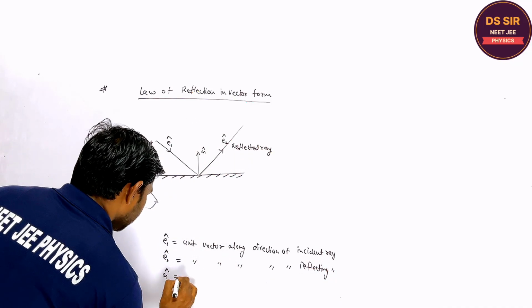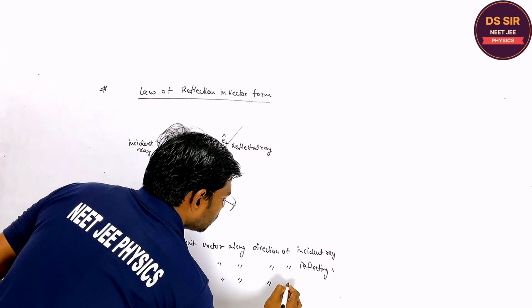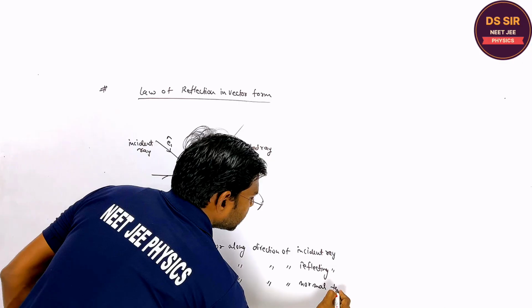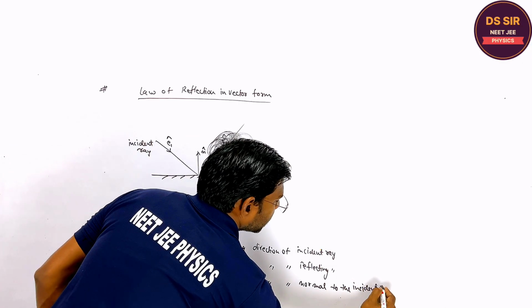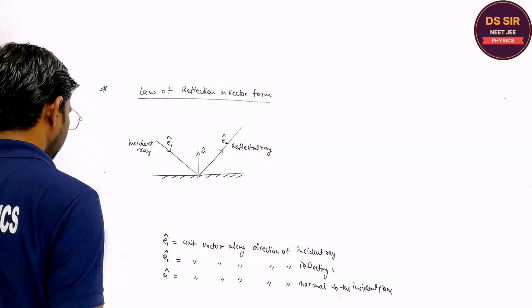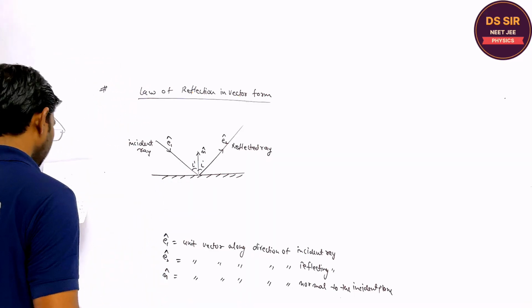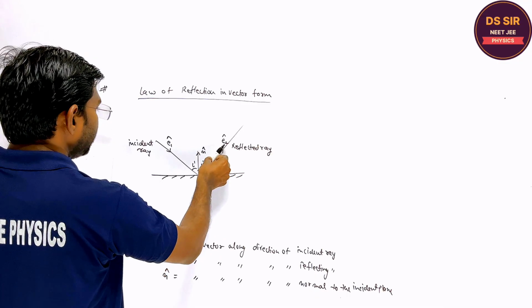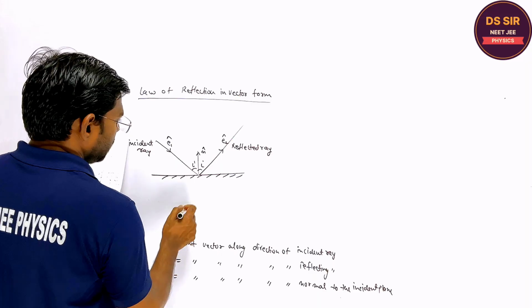And N is the unit vector along the direction of the normal to the incident plane. Is it clear or not, you tell? If the angle of incidence is I, this angle must be equal to I. So we have to find this E2 vector. Getting or not, you tell?